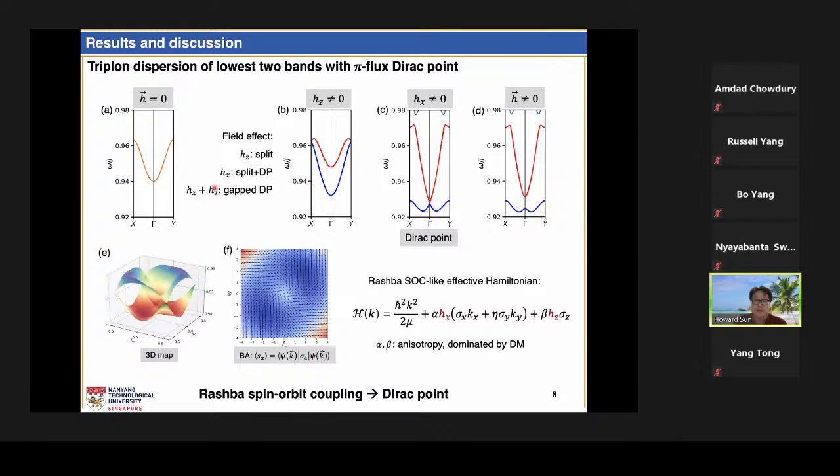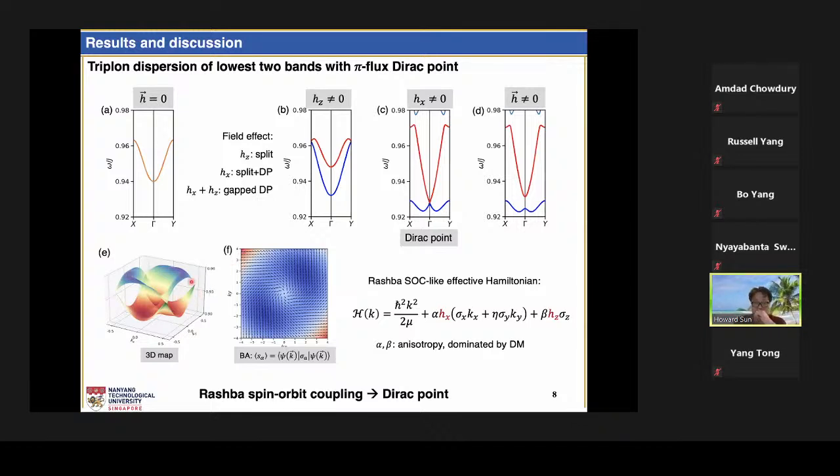If we have both components, this Dirac point can be gapped. We also show the 3D maps and the contour of the band. We can see the high anisotropy of this band structure, which is induced by the in-plane magnetic field.